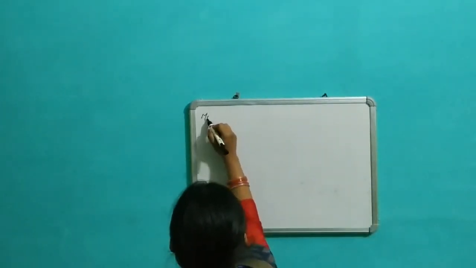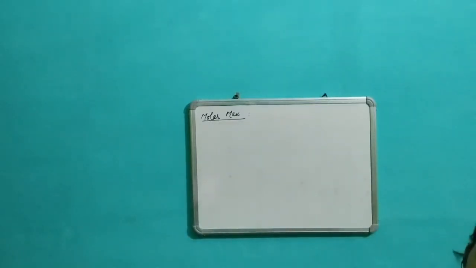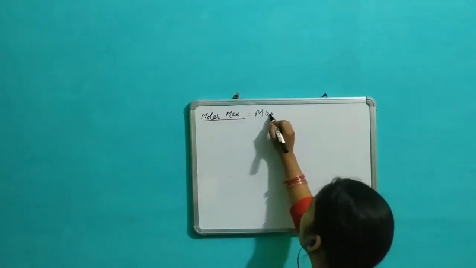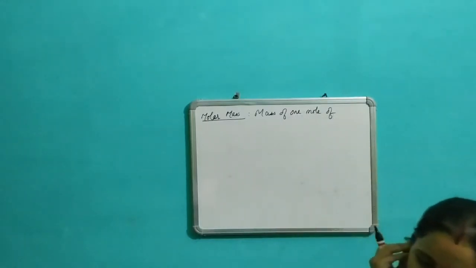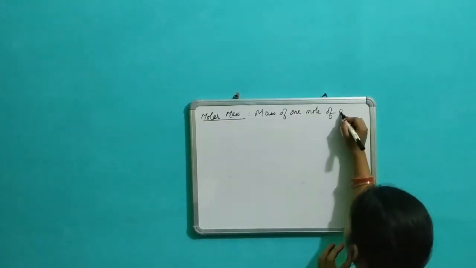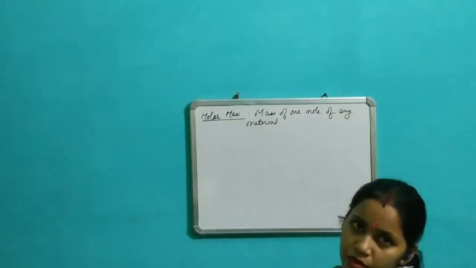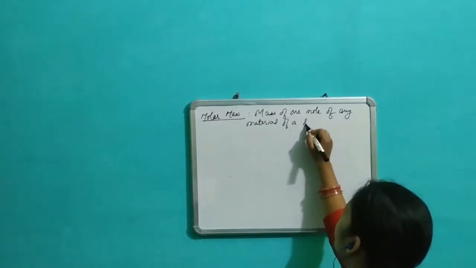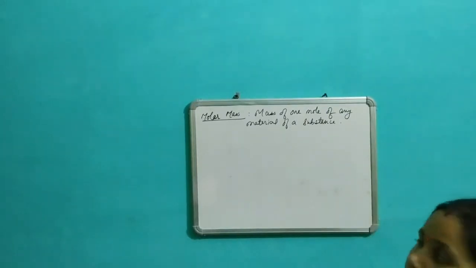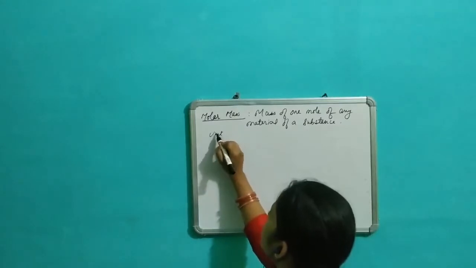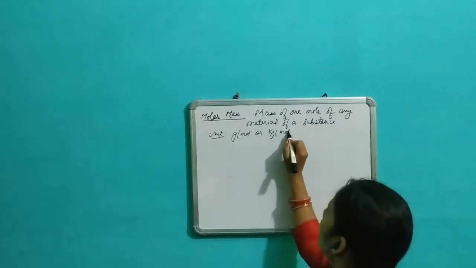Molar mass is defined as the mass of 1 mole of any substance, and it is generally expressed in gram per mole or kg per mole.